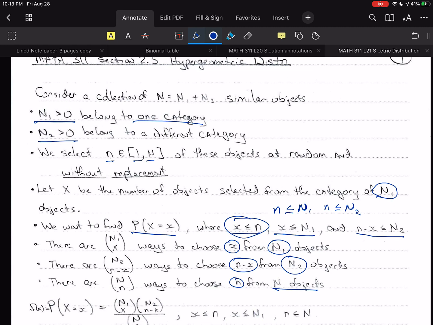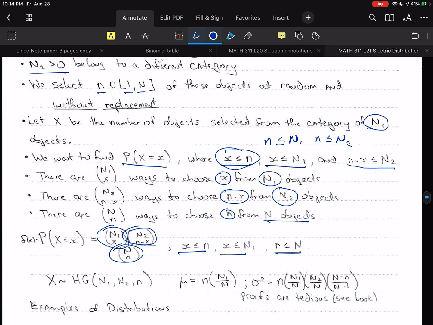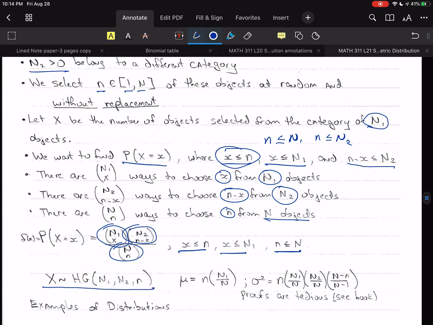So for the probability, we simply multiply and divide. We multiply the number of ways we can choose x out of N1 times n minus x out of N2, and divide by the total number of ways we can choose little n out of big N. Again, we have these constraints, and this is the hypergeometric distribution.